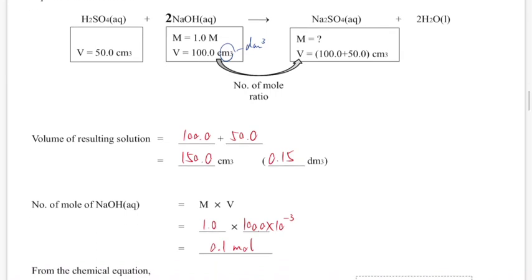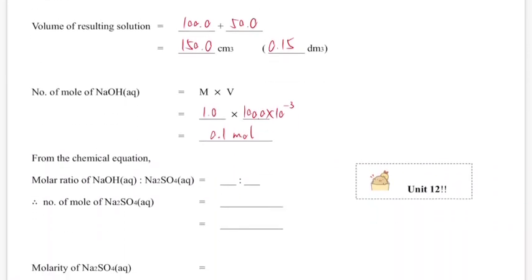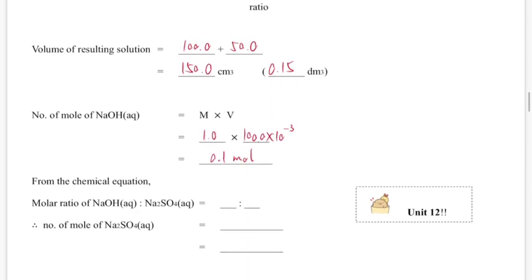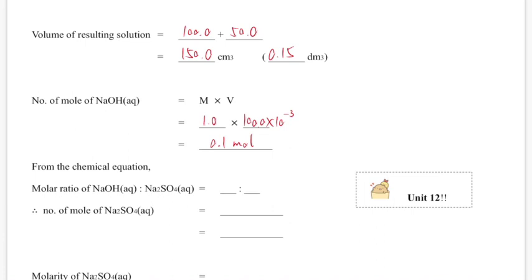Okay, so by reading the equation, we know that the molar ratio between sodium hydroxide and sodium sulfate is 2 to 1. So the number of mole of sodium sulfate would be 0.1 divided by others coefficient and then multiplied by yourself. So that will give you 0.05 mole.